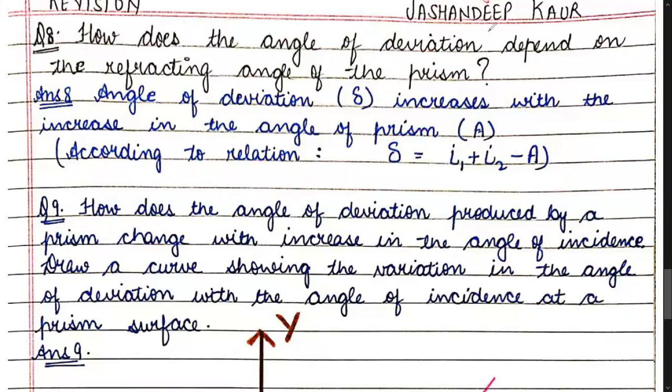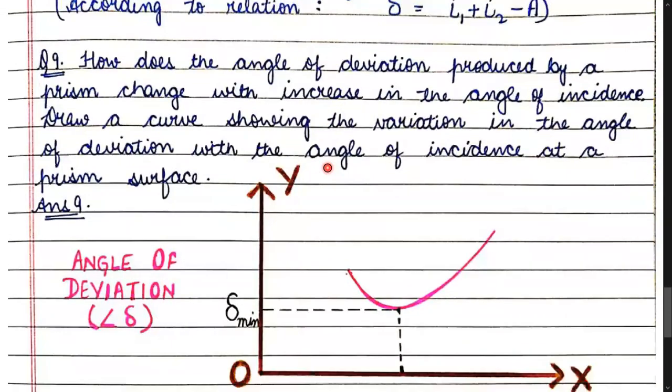So from here it can be seen that if angle of deviation increases, angle of prism also increases. They are in direct relation. So I'll say that angle of deviation increases with the increase in angle of prism, that is A.